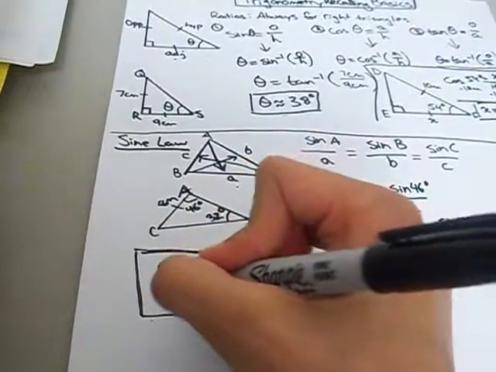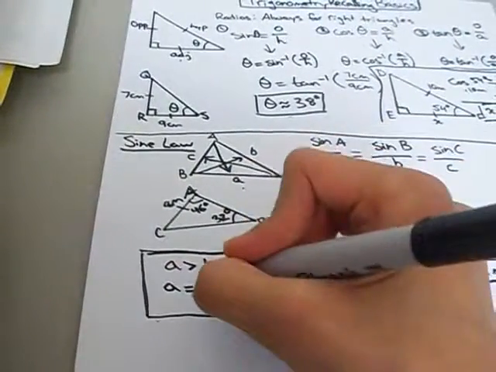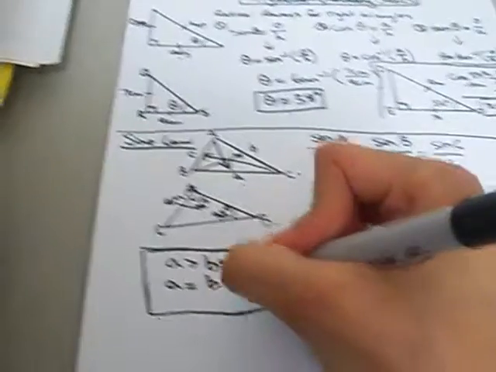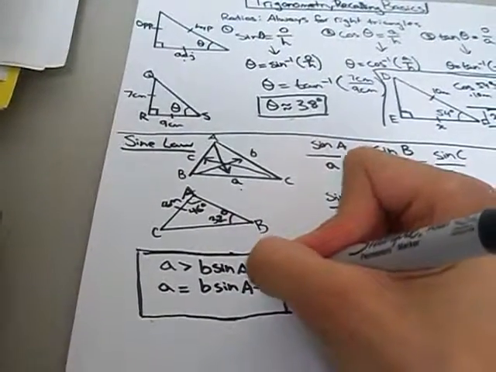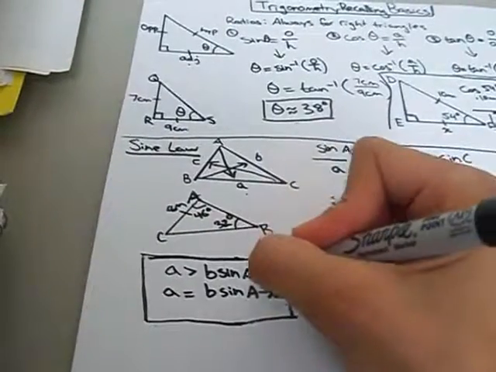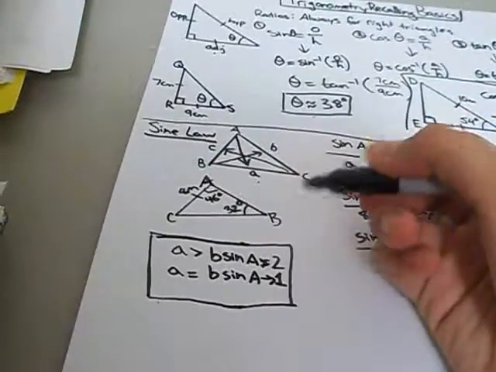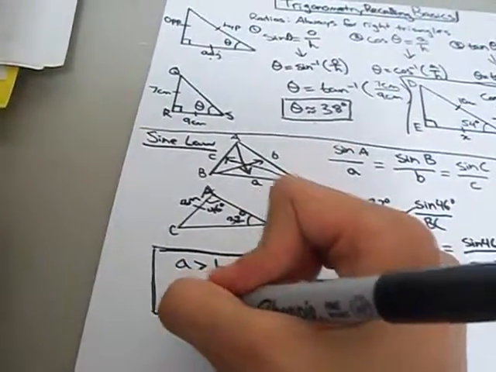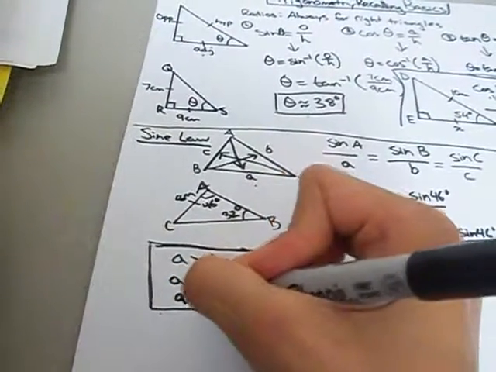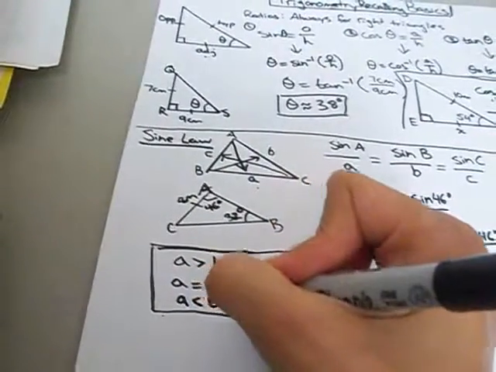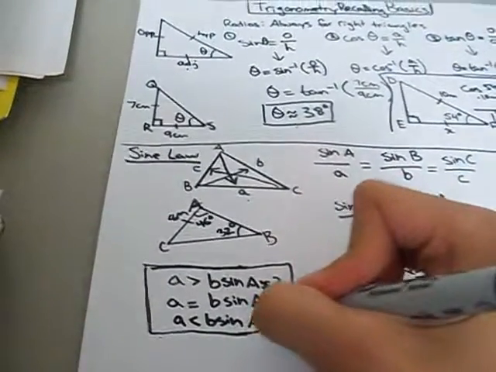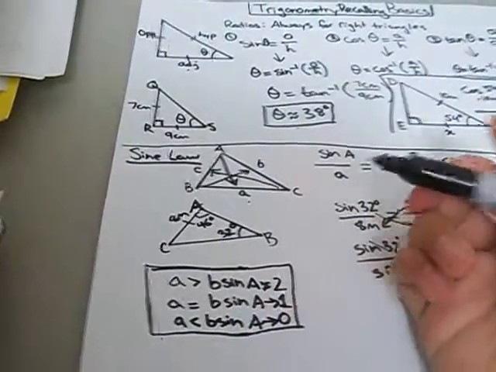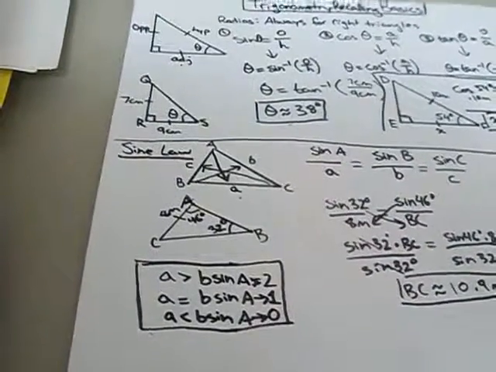If A is equal to B sine A, there is one solution. If A is less than B times sine A, there are zero solutions. No solutions. And that's the trick I learned.